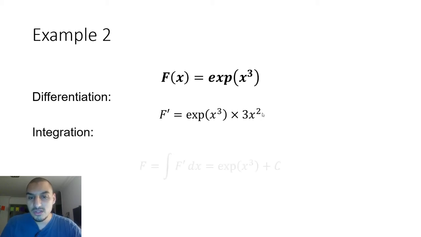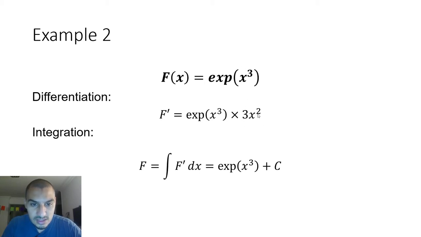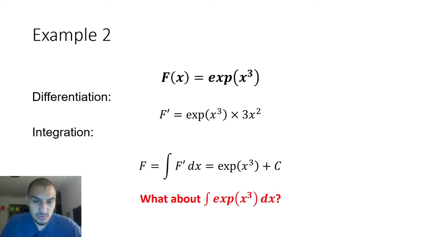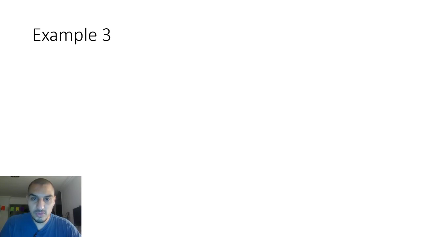So when you do the integration, you must make sure that to get it back to x power 3, this is multiplied by this. You have the differentiation of what's inside here, and again you would have a constant here. And this is one tricky part of the integration. When you think of the exponential of x power 3, which should look like an easy function, it's not a very big function, but you would find that this is a very, very complex integration, because you don't have 3x power 2 multiplied by it. So this is one point that we're gonna cover.